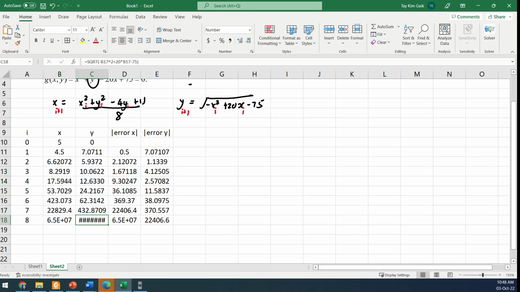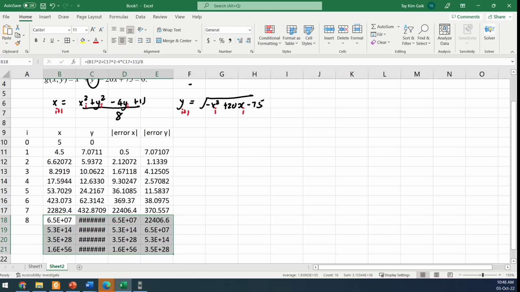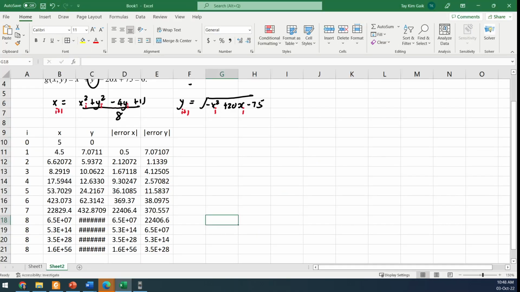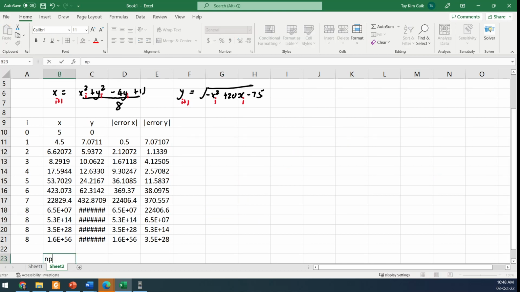This is what I mean by not converge. From the graph we know the value of x is actually between 4 and 6 only, and y between 0 and -2, but the values they obtain are bigger and bigger. This is what we call not converge. It means you cannot obtain the solution. Another word for it is diverge.